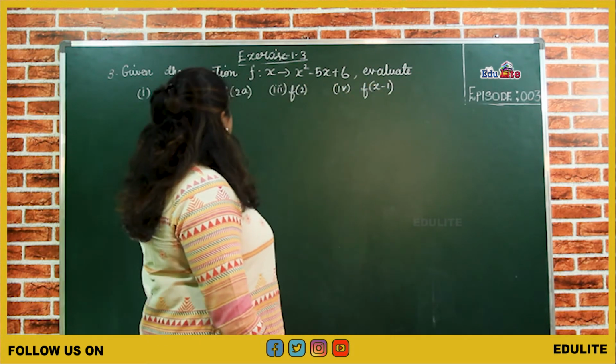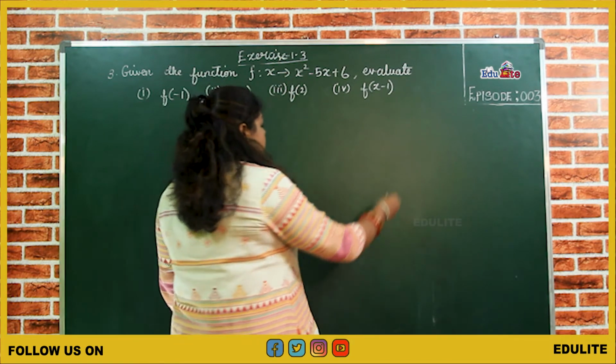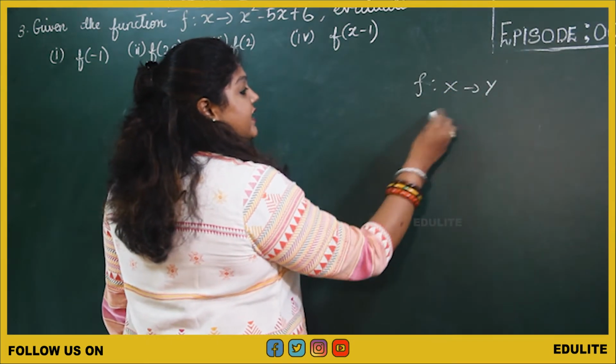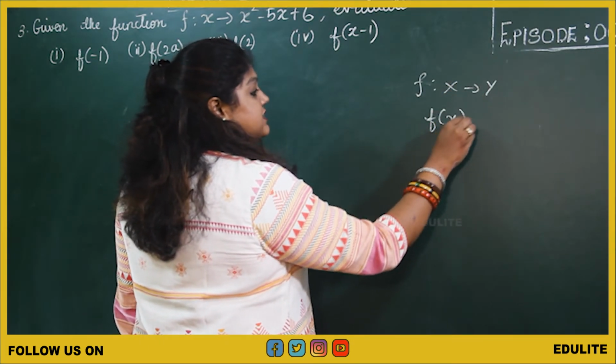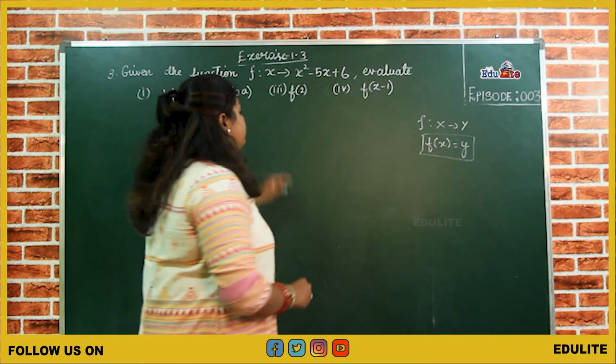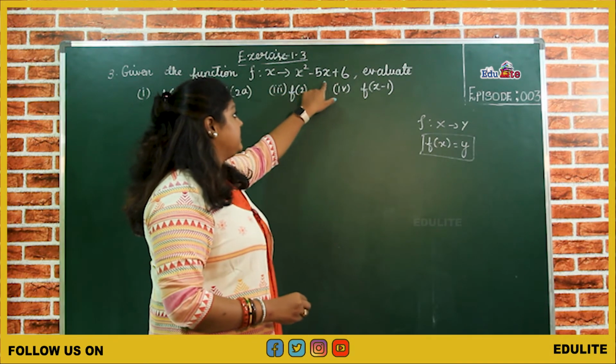Third problem: given the function f is a mapping from x to x square minus 5x plus 6, we have to evaluate all these 4 things. So, we are given the equation. When f is a mapping from x to y, we can write this as f of x is equal to y in general. Similarly, we have a mapping f from x to x square minus 5x plus 6.